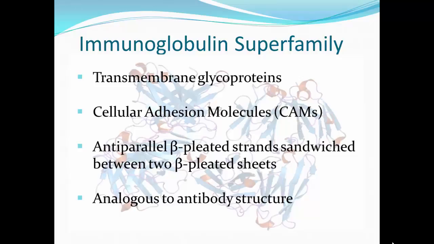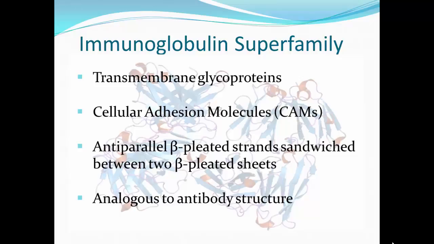So the immunoglobulin superfamily of proteins, they are transmembrane glycoproteins. Transmembrane glycoproteins. What does that mean exactly? Well, transmembrane refers to the placement of these proteins, and this indicates that they are within the cell membrane.